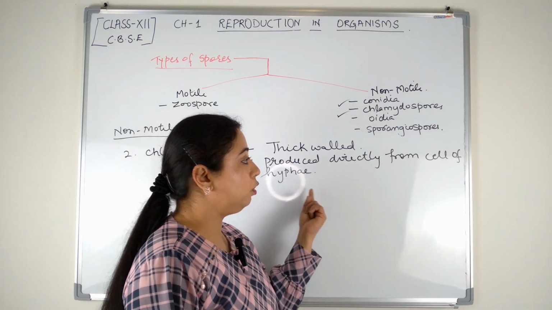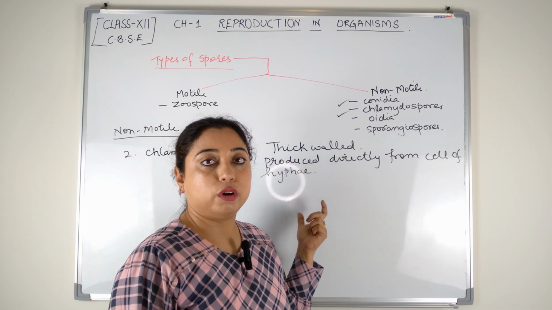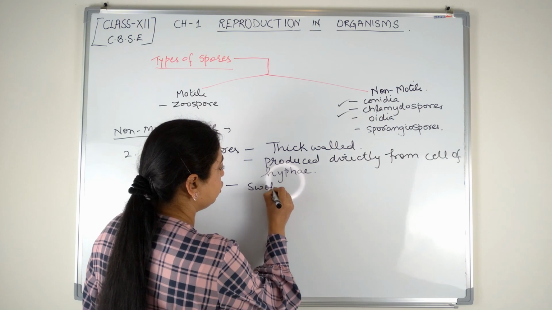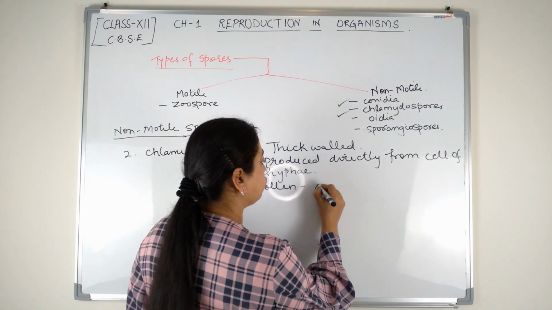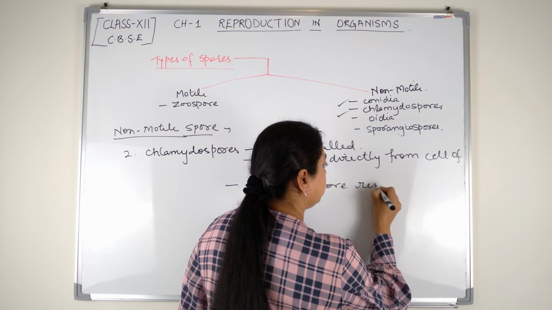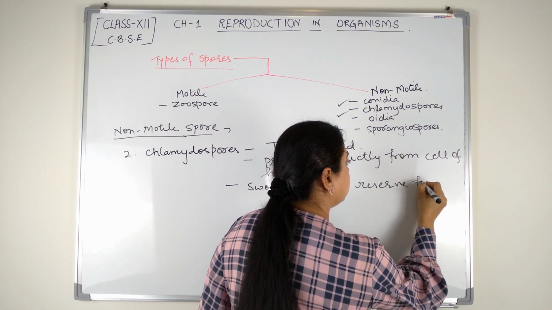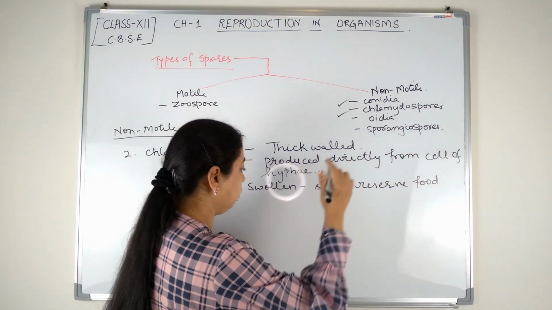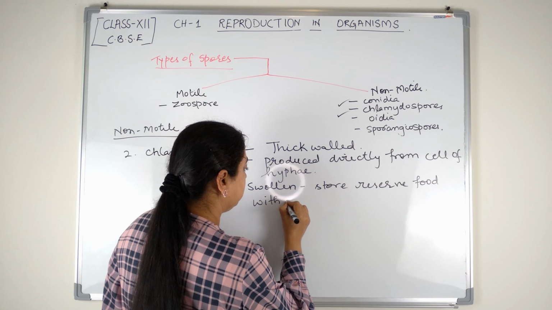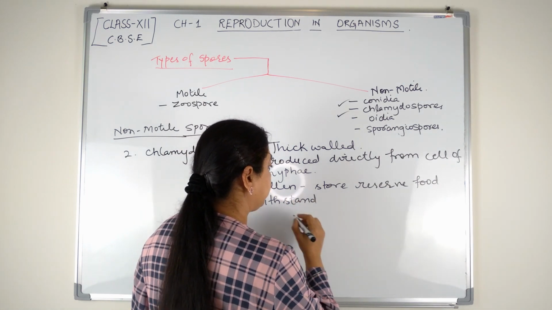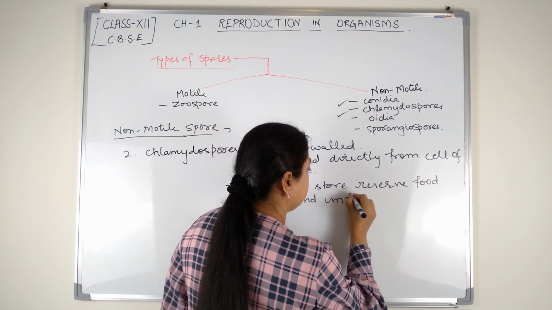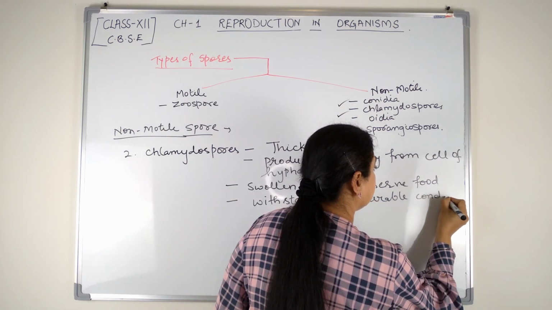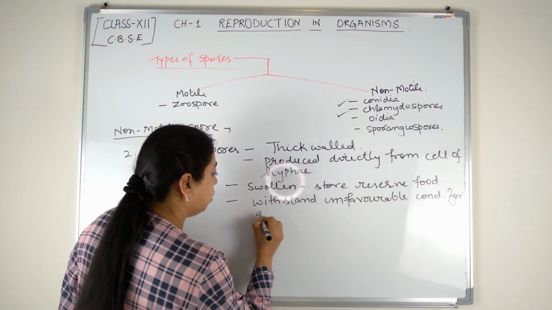Right? Hyphae, as I have already told you, are filamentous structures which form the body of a fungus. These spores are swollen because they store reserve food material, and because they have a very thick wall, they can withstand unfavorable conditions for a longer time.